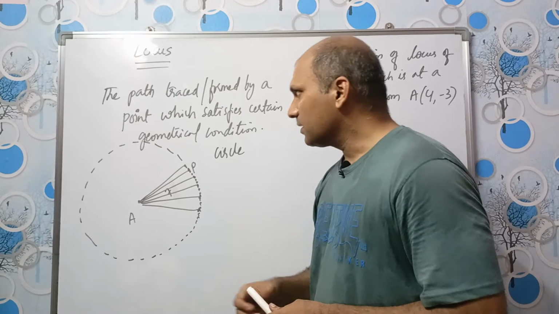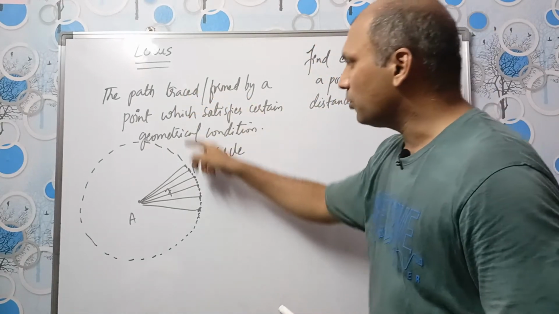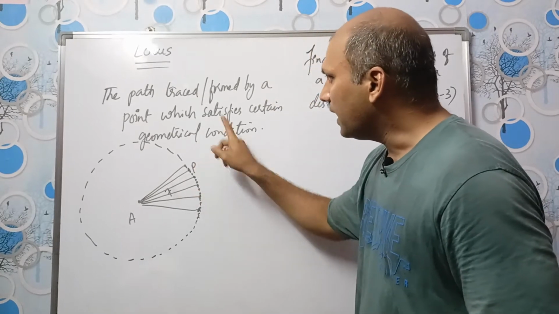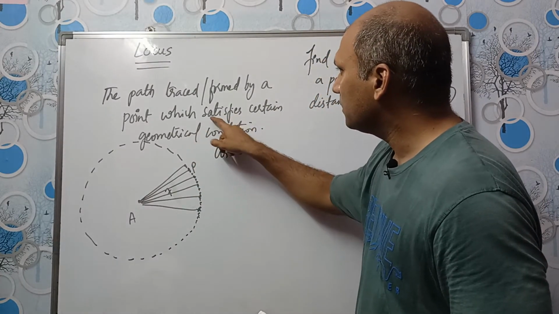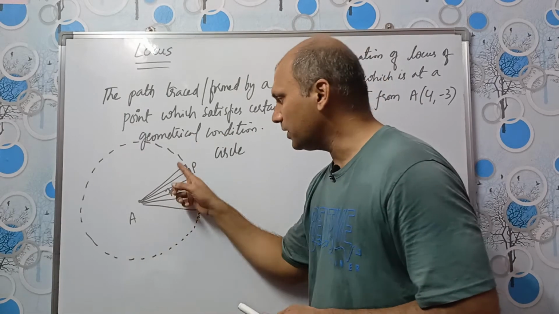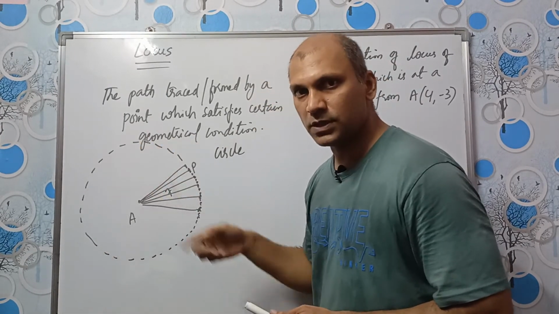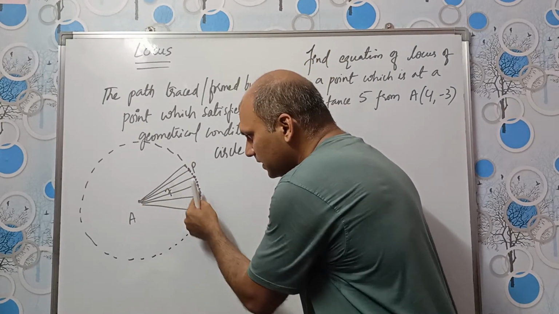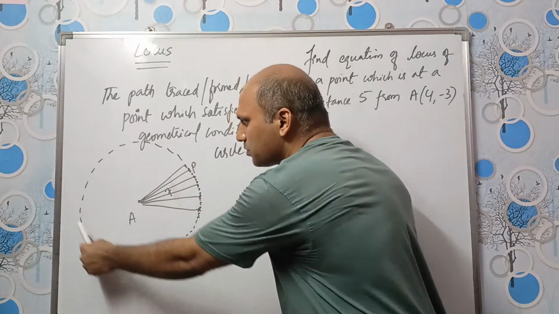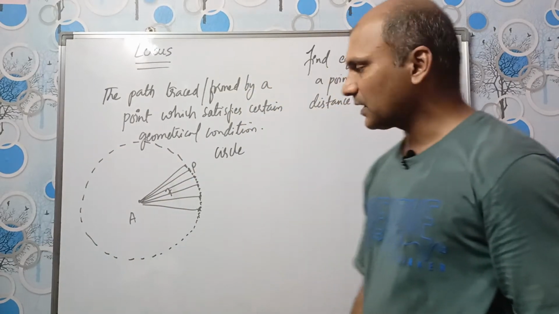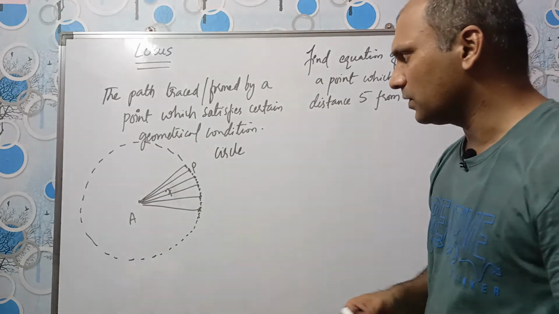Path traced or formed by a point, and this point is following or satisfying certain geometrical condition. What is that condition? The condition is this point is 7 centimeters away. All these points are 7 centimeters or 7 units away from point A. I hope you understood the definition of locus.